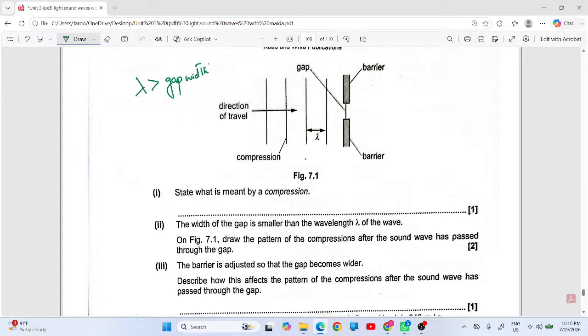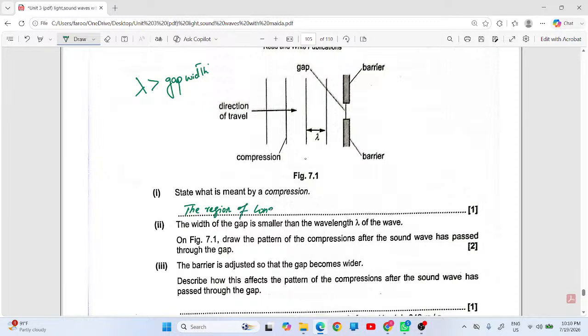So state what is meant by compression. Compression क्या होता है?